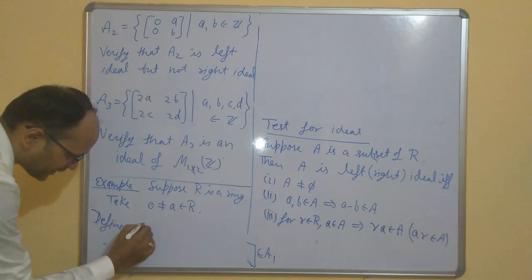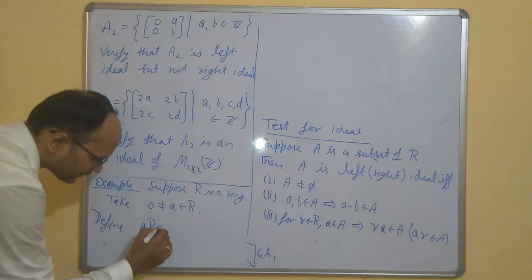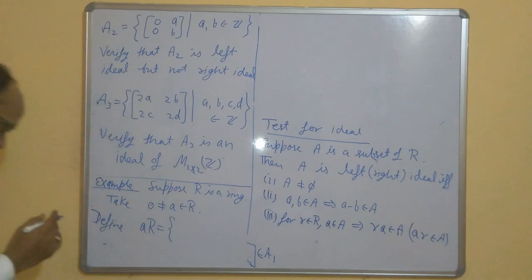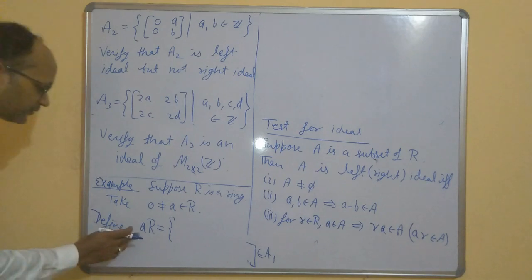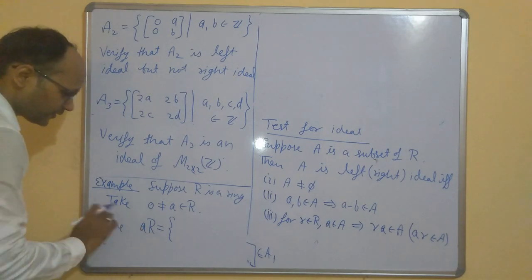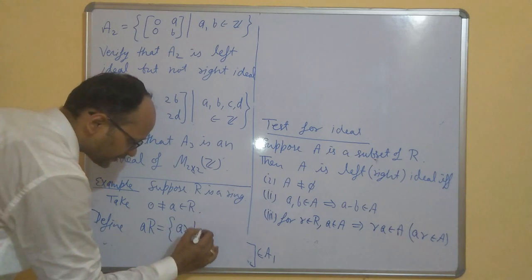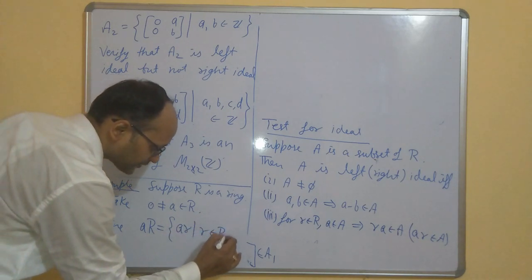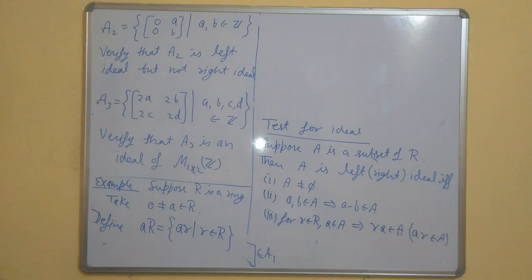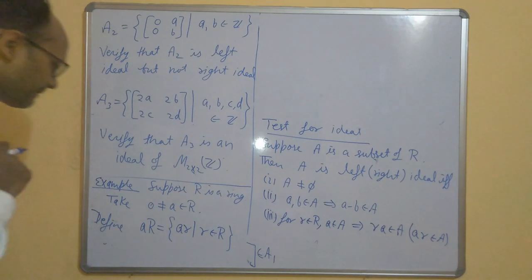We will denote this set as AR. We have just multiplied all elements of R by A from the left side. So this is AR such that R belongs to R. This is the set.